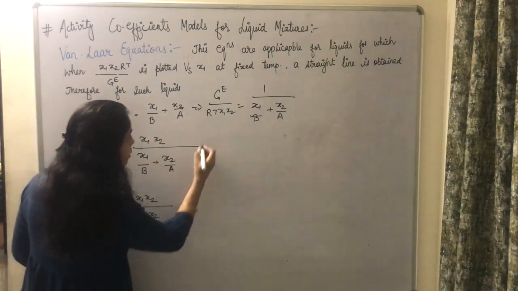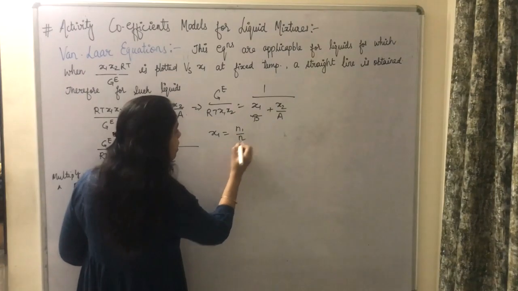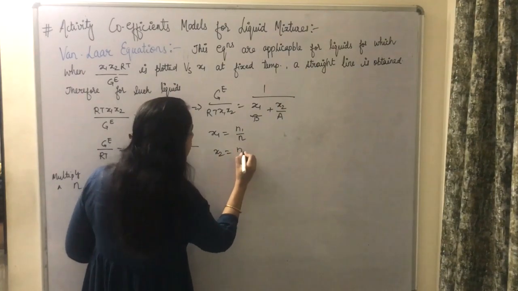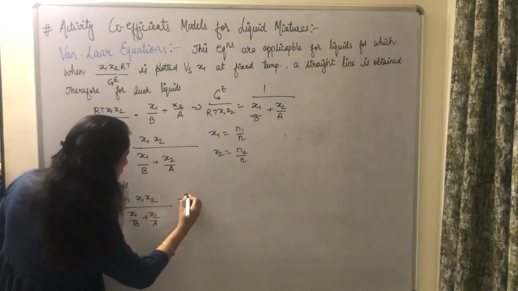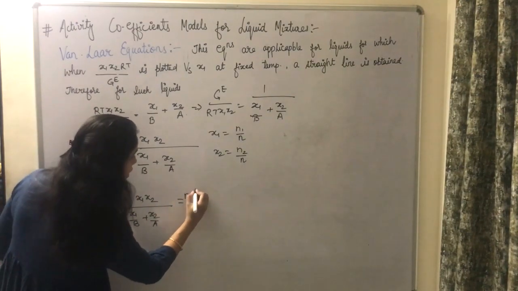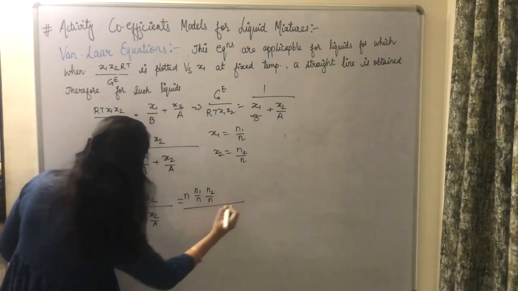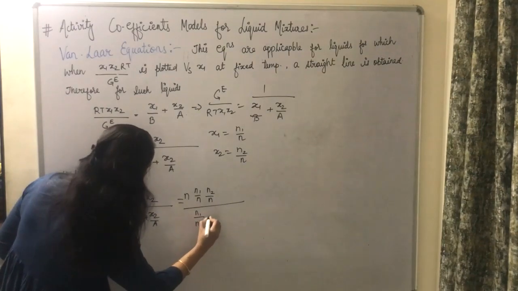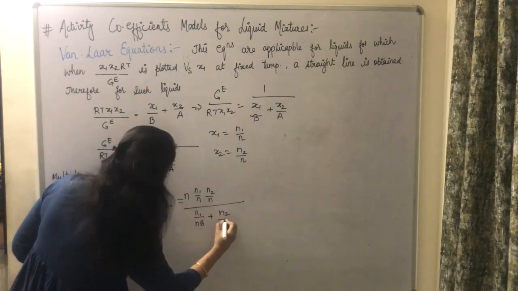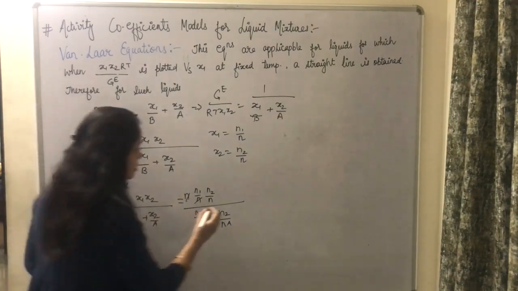Now we know that x1 equals n1 upon n and x2 equals n2 upon n. So just substitute over here. n times n1 upon n, n2 upon n, divided by n1 upon n b plus n2 upon n a. Fine. This n is cancelled.